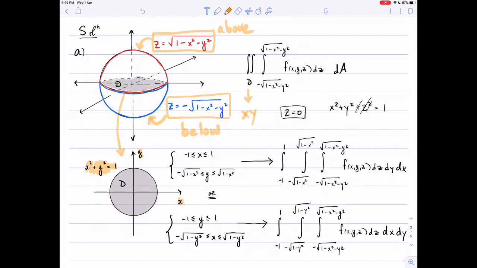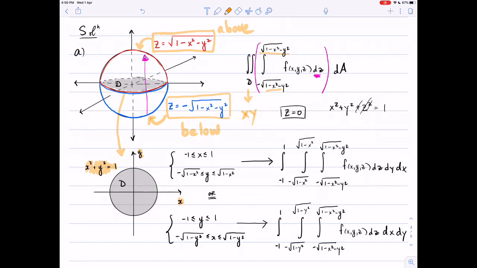Okay, so let's think first of all what we have to do. We have to create the inner integral first. This inner integral is going to be with respect to z, because we're type 1. You're imagining z values going from the lower boundary to the upper boundary, from the negative root of 1 minus x squared minus y squared to the positive root, of f of x, y, z dz.